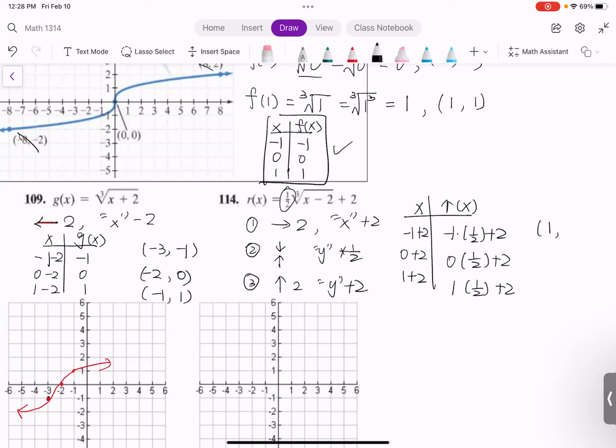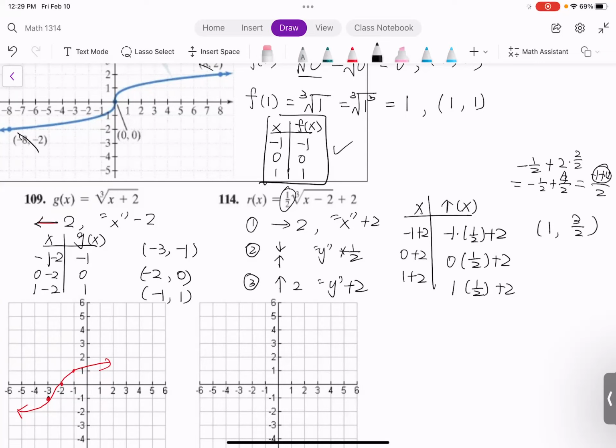The first part is -1/2 plus 2, that's 3/2. Because -1 times 1/2 is -1/2, plus 2. 2 must be a fraction so I can add them together. That means I can multiply by 2 over 2. So we have -1/2 plus 4 over 2. Add the tops. That's -1 plus 4.